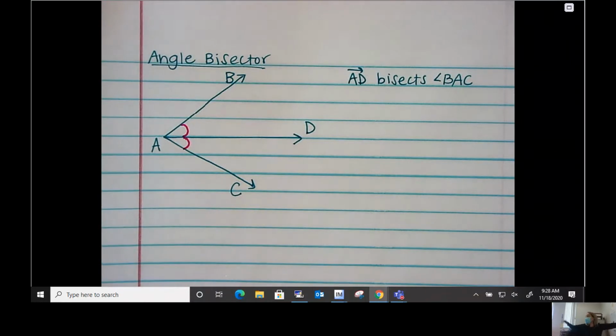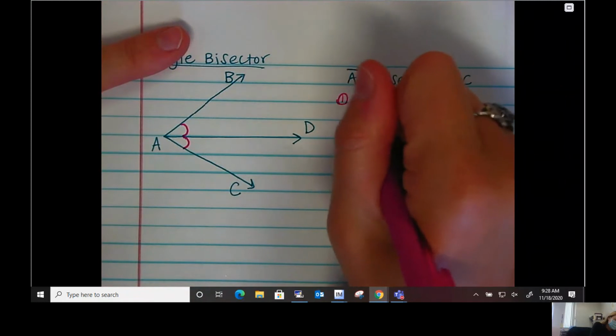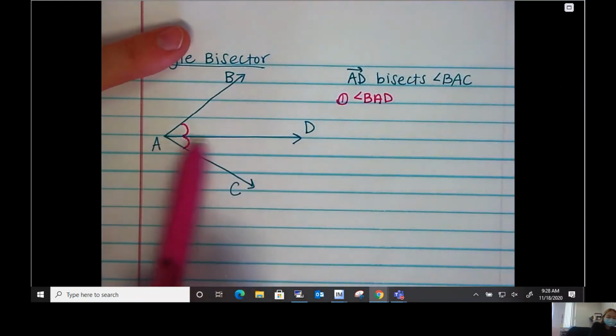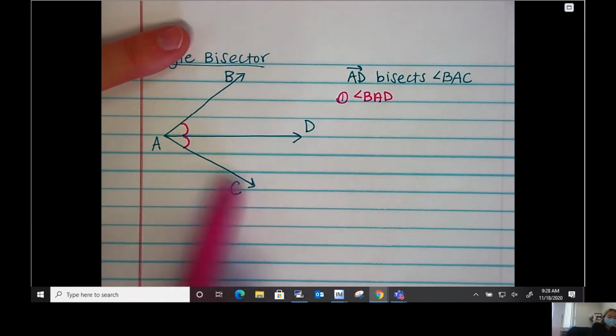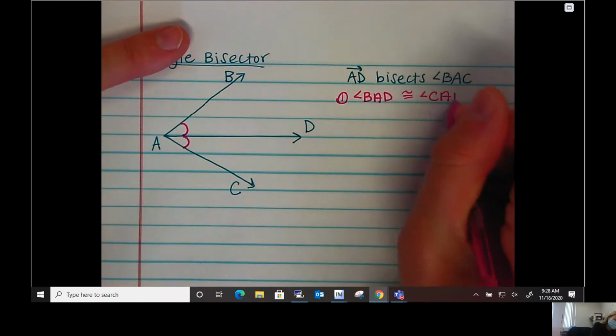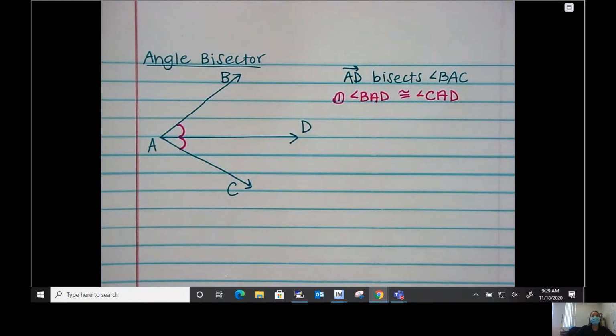So if the whole thing was 100 and I cut it in half, what would each one be? 50 and 50, exactly. So this angle right here is angle BAD. That's this top one, BAD. And it is congruent to the angle right at the bottom, CAD. All right, so those two pieces of the angle are exactly the same.